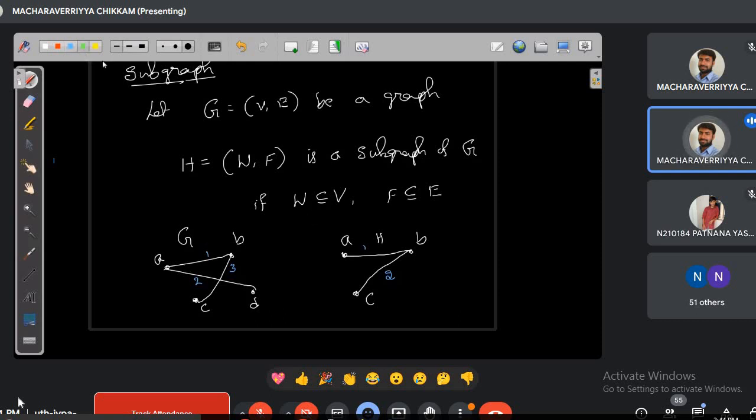Okay. Suppose you have an edge from A to C here, this cannot be a subgraph of G because the edge AC is here, but AC is not there in the original graph. Therefore, this cannot be a subgraph of G. Alright. Now let me give you one more example of a subgraph.